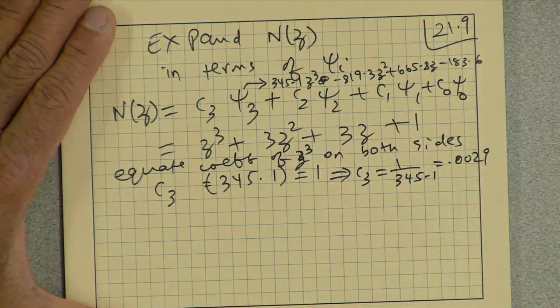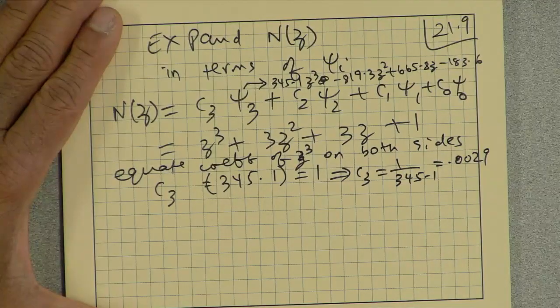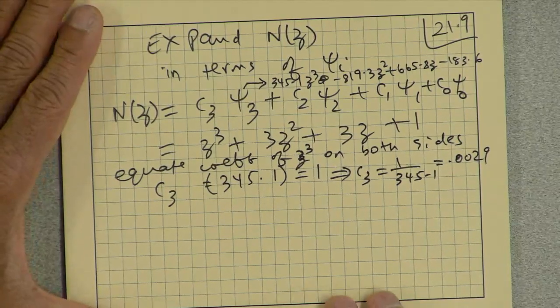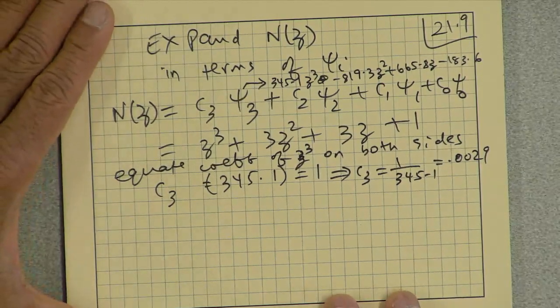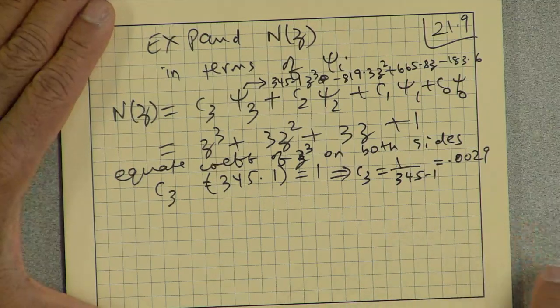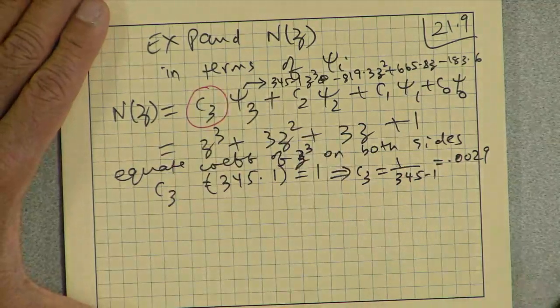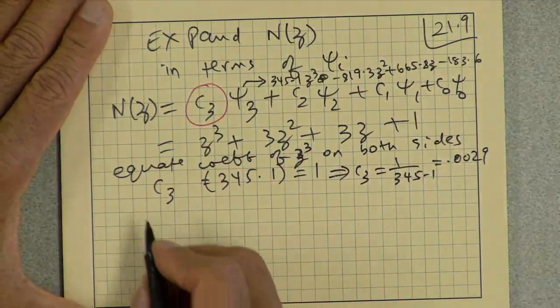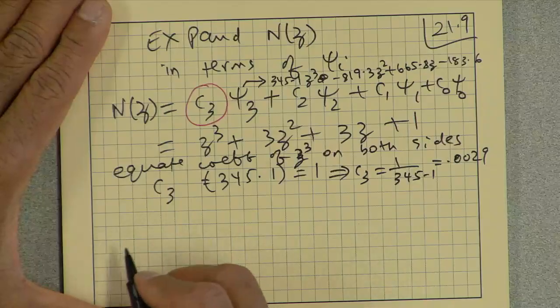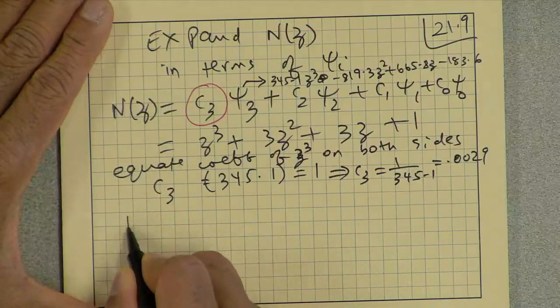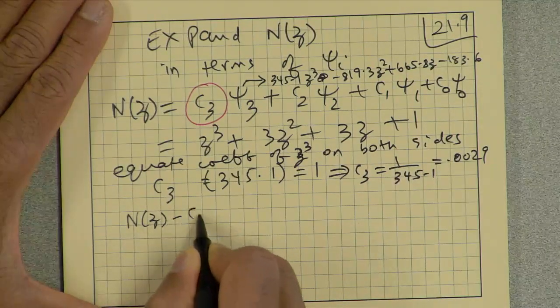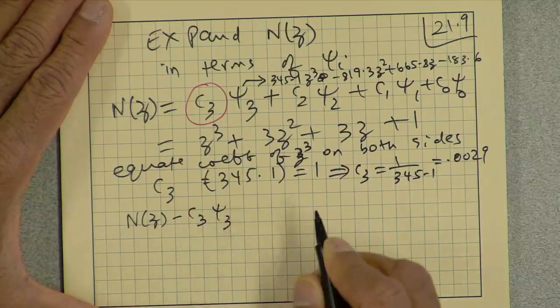Okay, so once we get that, what is the process to get C2? So the first step, of course, is to get C3. So that's the first step. Once C3 is done, then what's the next step? Reduce the degree by 1. So N(z) minus C3 psi 3.